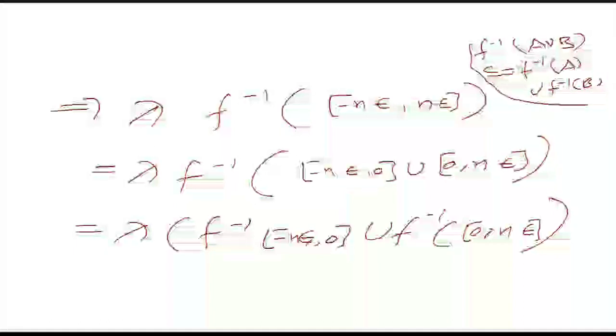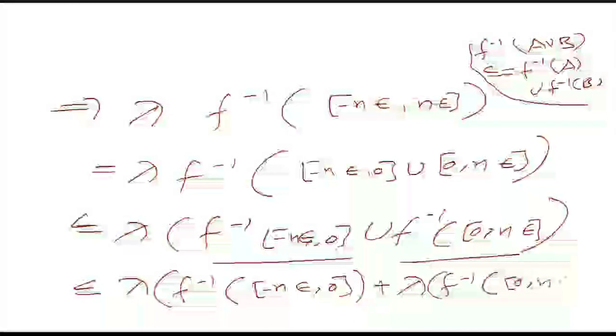You verify whether f inverse of A union B and f inverse of A union f inverse of B are equal or one is a subset. I'm not sure whether they are equal or not, but subset is trivial. You can easily verify this, and that will not create any problem. I will write here less or equal to.